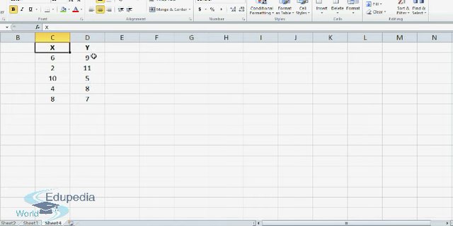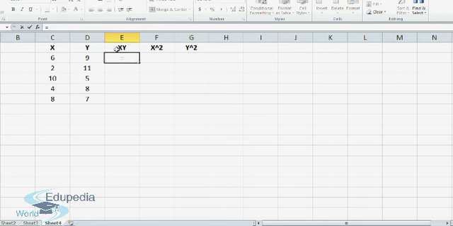Now let's very quickly do the same problem using the second type of the formula, where we have x multiplied by y. We need the square of x and we need the square of y.